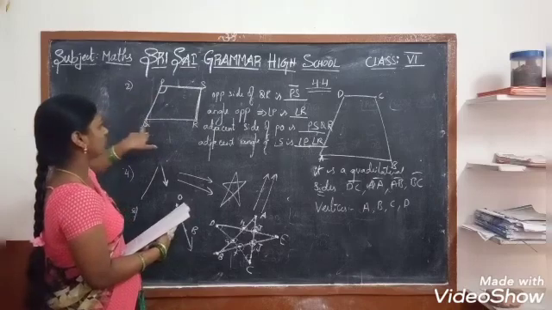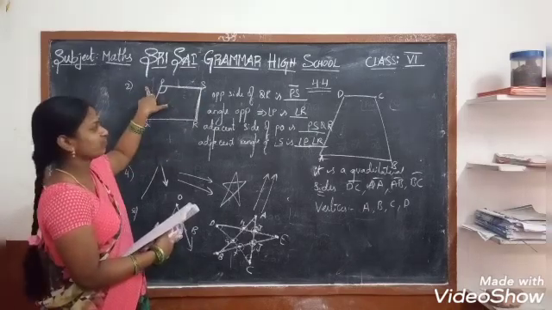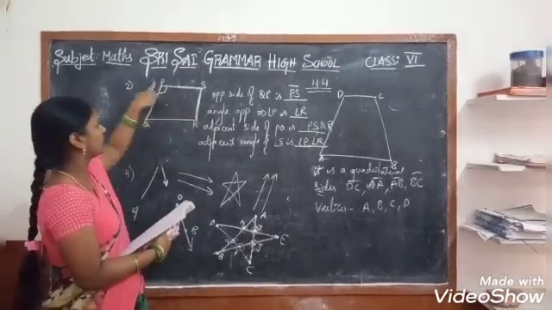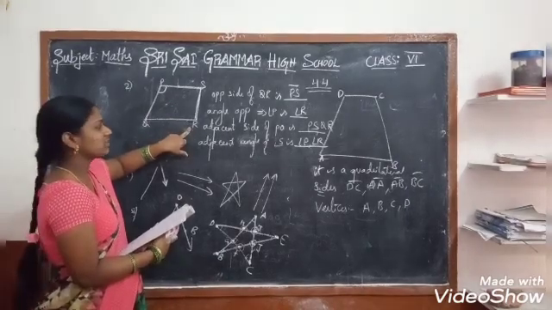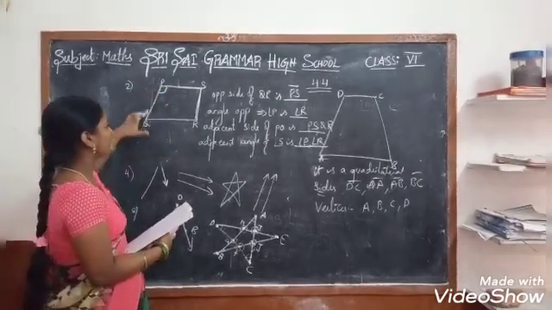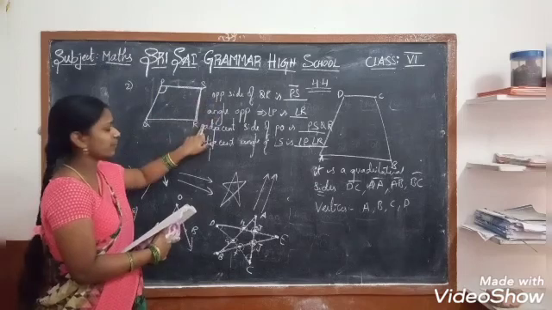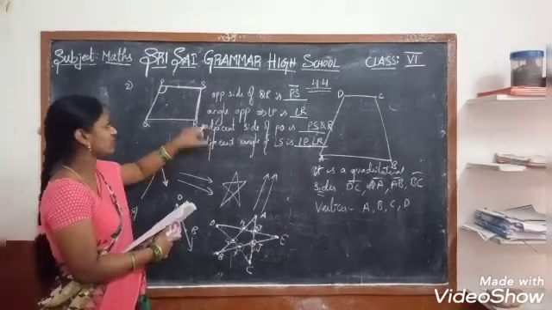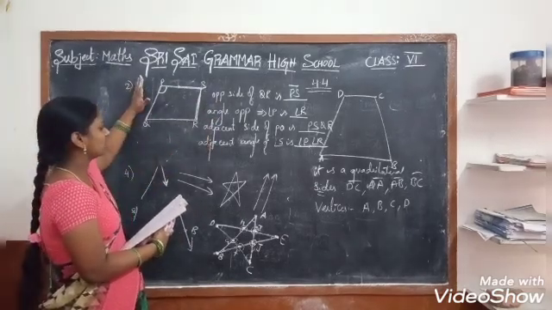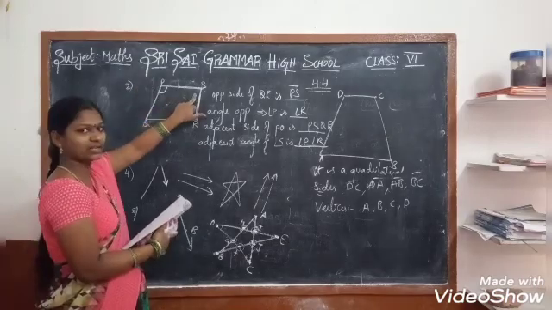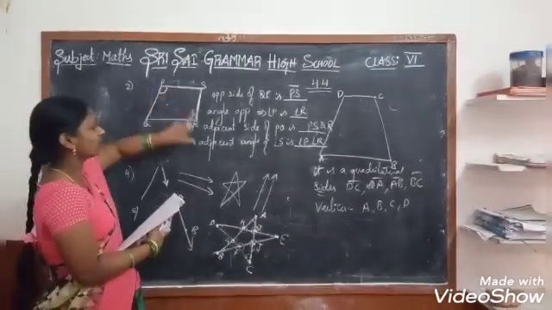Opposite of QR is PS. The angle opposite to angle P is angle R. Then the adjacent sides of PQ are PS and PR. Now the adjacent angles of angle S are angle P and angle R.